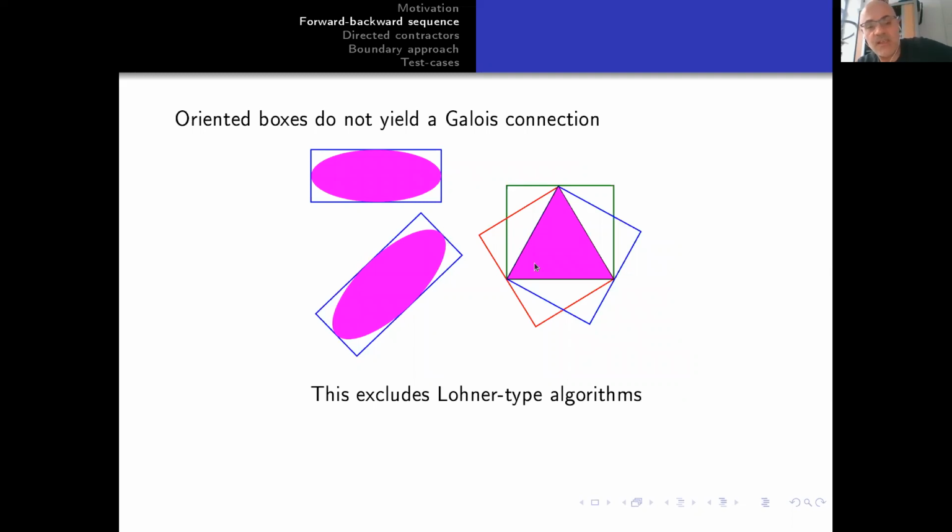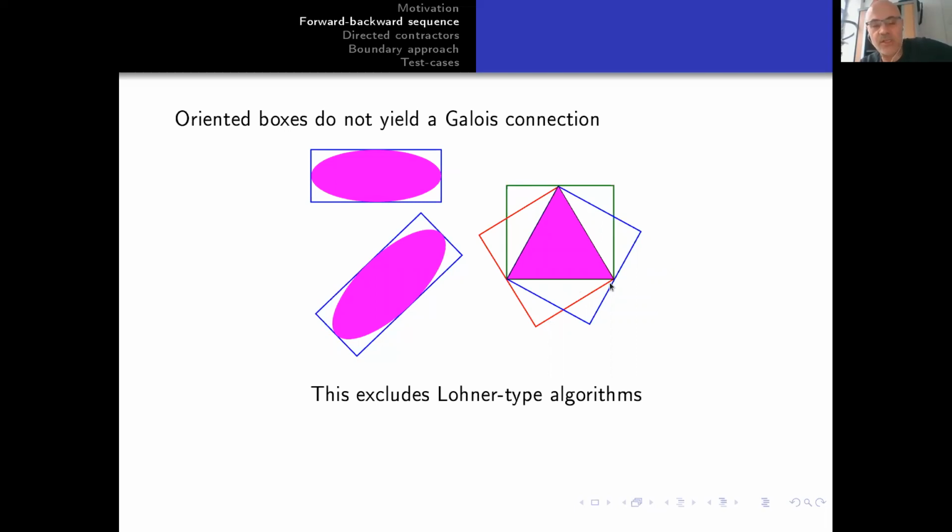But I can see that if I have a triangle, I have, in this situation, several smallest oriented boxes that contain it. So in practice, it may be difficult to deal with oriented boxes, and it is why I want to exclude here Lohner-type algorithms, at least in a first step, because Lohner algorithms use oriented boxes. So I will have some problems.